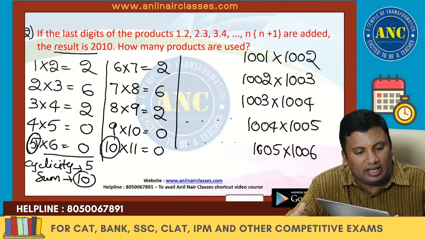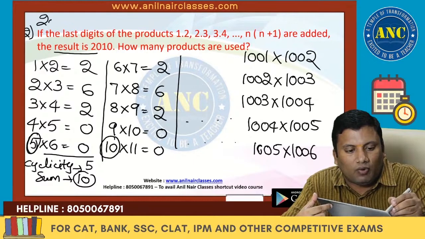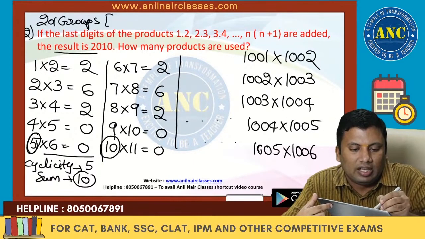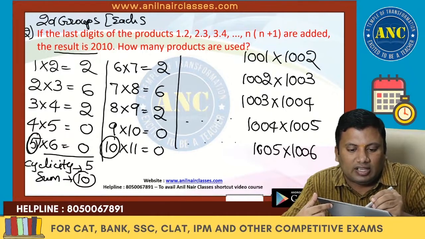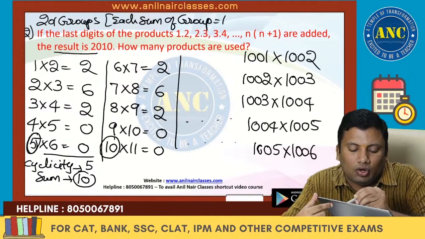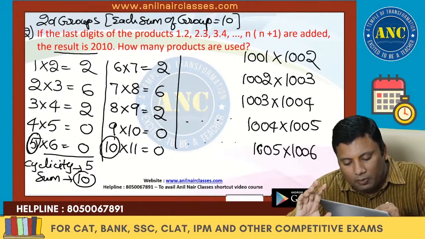I hope it is clear. So this is the first group, second group, and in total 201 groups are there. Each group sum is 10, so the total is 201 into 10, which is 2010. I hope it is clear.